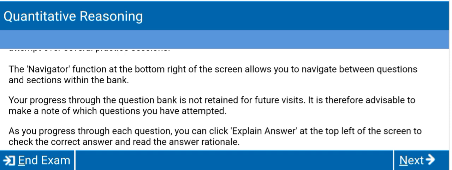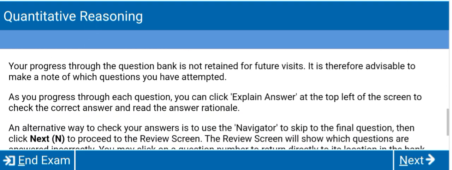It is therefore advisable to make a note of which questions you have attempted. As you progress through each question, you can click Explain Answer at the top left of the screen to check the correct answer and read the answer rationale.